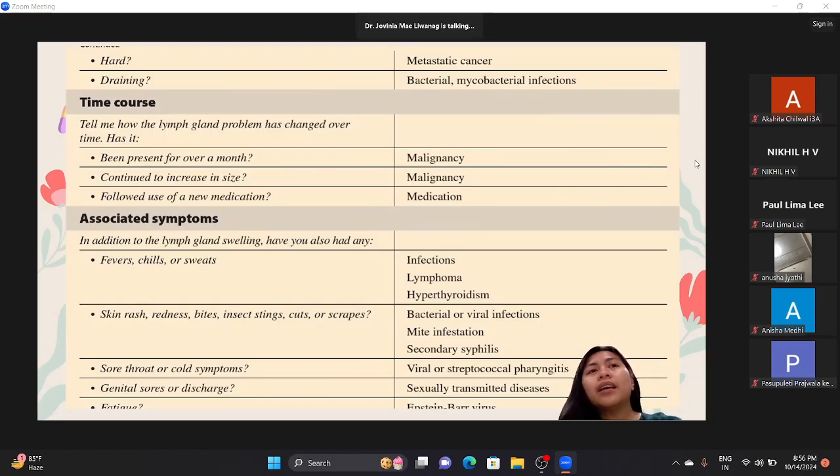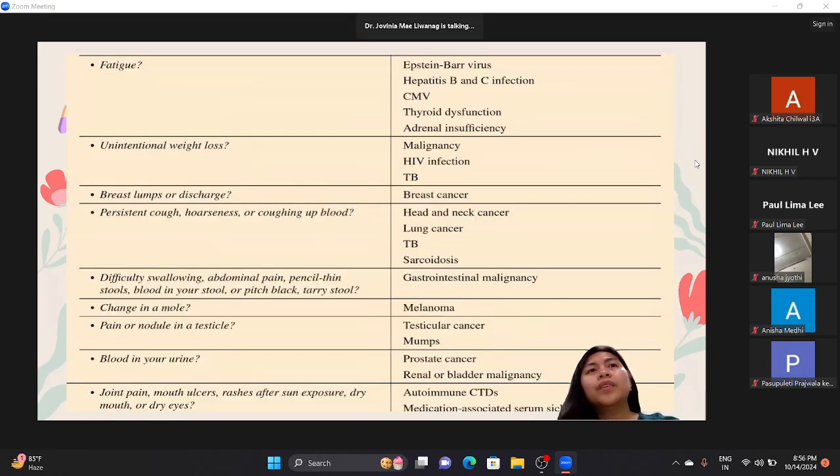For associated symptoms, in addition to the lymph gland swelling, you also have to ask for any fever, chills, sweats, because it may be a generalized lymphadenopathy due to infection. And so on, there are a lot. Unintentional weight loss: malignancy, HIV, tuberculosis.